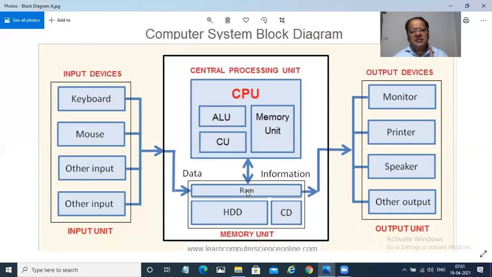RAM is random access memory. This memory is temporary. As soon as the computer is switched off, whatever is held in this type of memory gets deleted. It does not hold there permanently. But it is important. Why? Because this type of data, whatever is held, is transferred.